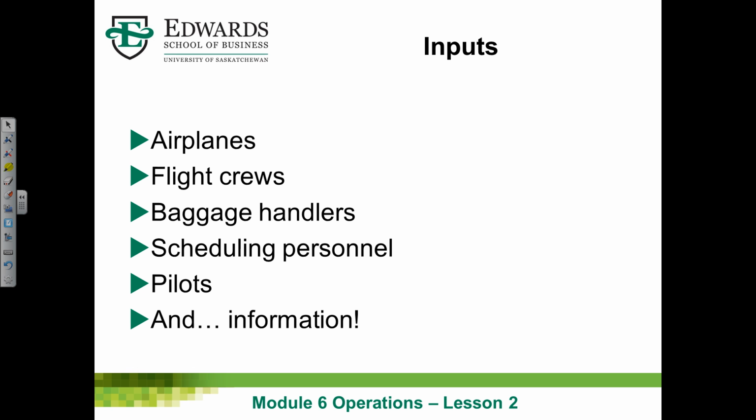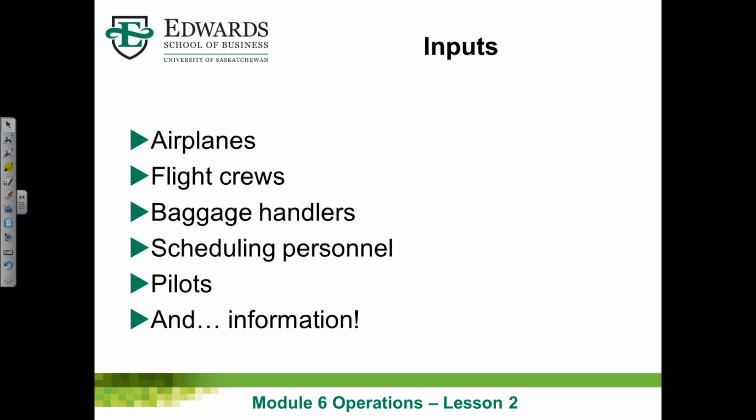You might need scheduling personnel. You'll need people who will orchestrate the scheduling of flights, the assignment of flight crews to particular flight legs or segments. You also might need pilots. It's a really good idea to have pilots that are actually going to fly these airplanes.